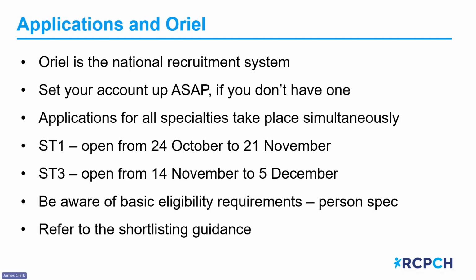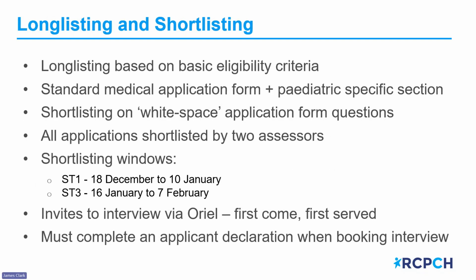So I've covered quite a lot of this already. But longlisting and shortlisting are both processes which follow the application window closing. I've just mentioned the paediatric specific section. There are basically two sections for every Oriel application form. The first bit is a standard application form, which is for all medical specialties. So you might find the odd question in there which you think, is that right for paediatrics?